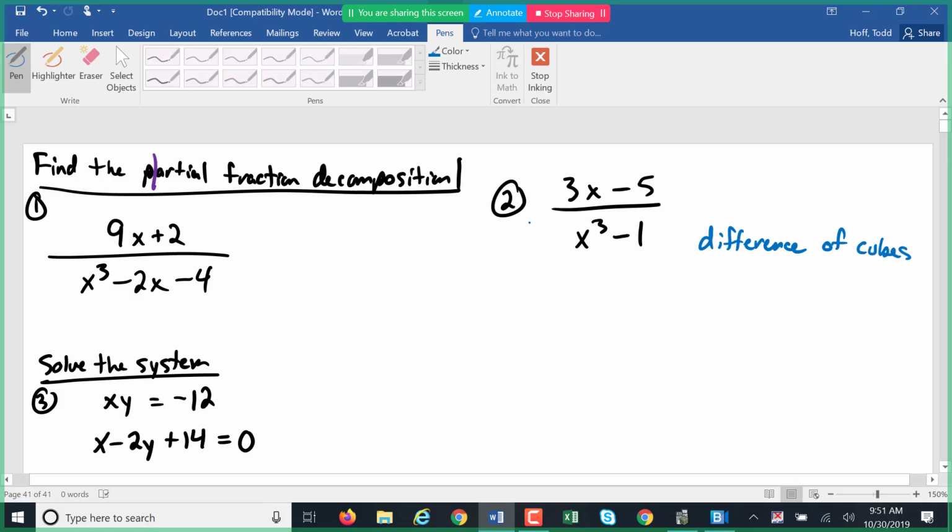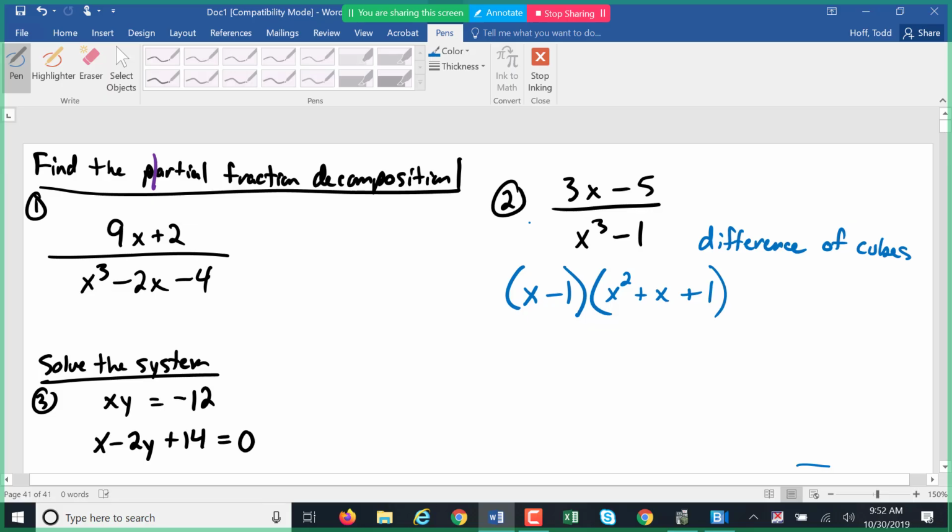X to the third is a cube, it's x to the power 3, and 1 is a cube, it's 1 to the power 3. The difference of cubes factors, this will be x minus 1 times x squared plus x plus 1.